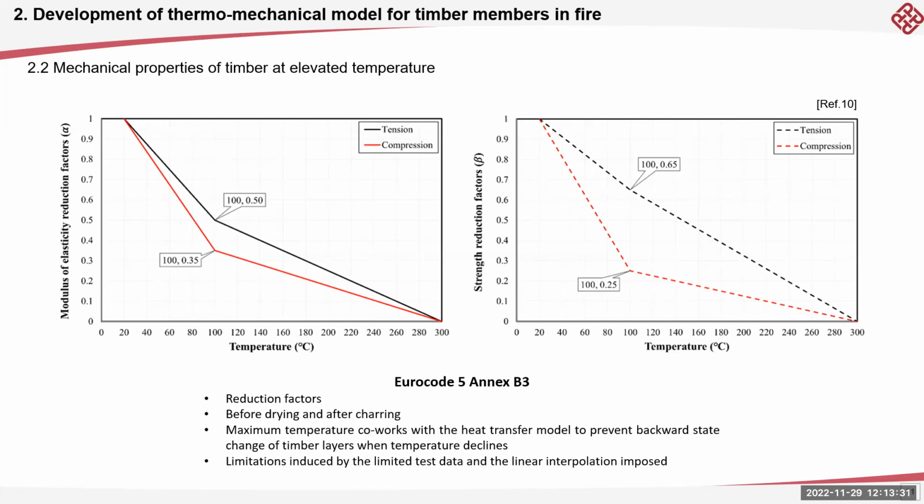It means when the timber section experiences a temperature increase and after that experiences a cooling stage, its mechanical properties will remain at the value when the temperature is at the maximum temperature. And there are some limitations induced by the limited test data and the linear interpolation imposed.